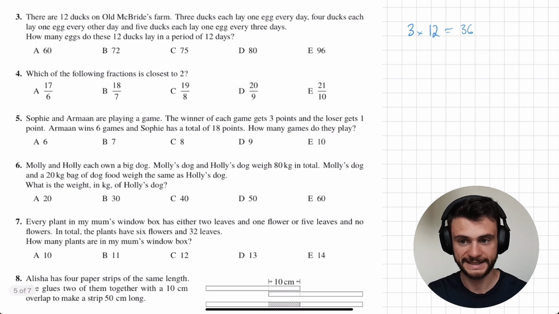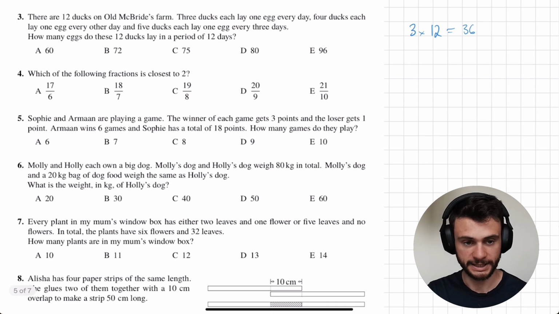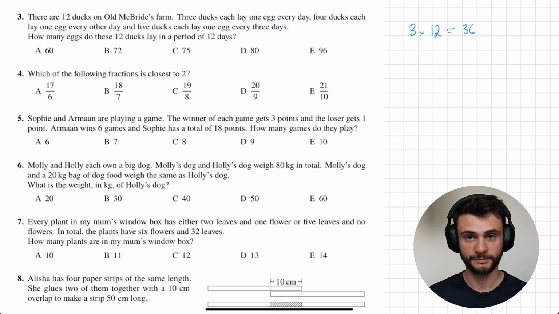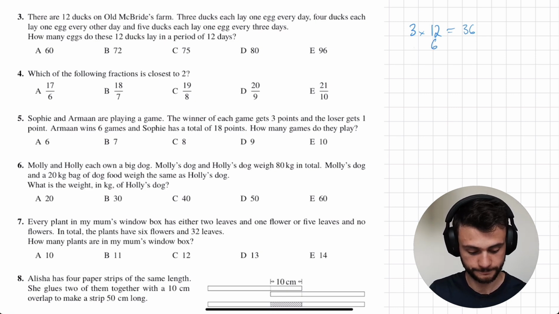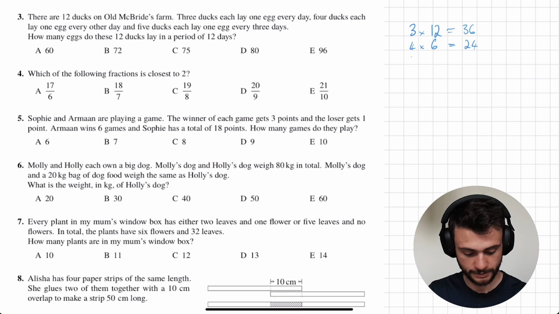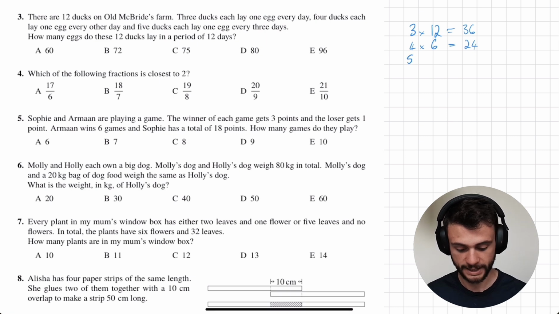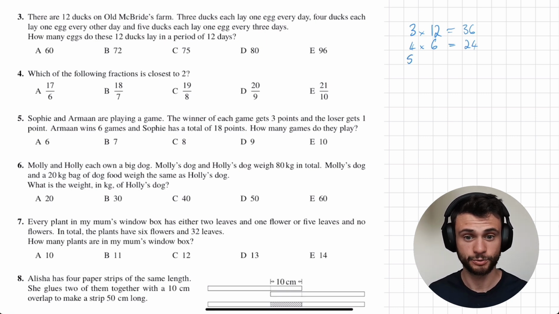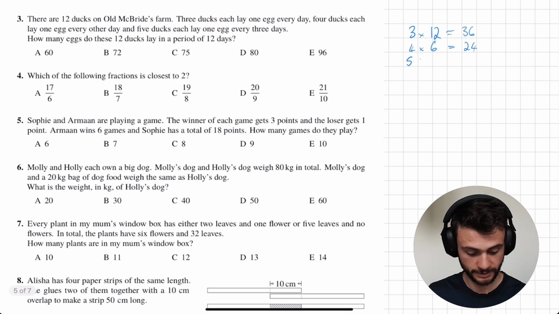The 4 ducks that each lay 1 egg every other day, well, over 12 days, they will each lay 6 eggs overall. Between them, they'll lay 24 eggs. And 5 ducks each lay 1 egg every 3 days. 12 divided by 3 is 4.